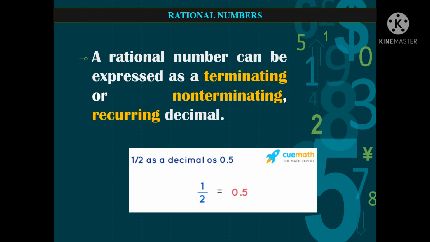And 0.5 is considered a terminating decimal because it has an end digit to the right of the decimal, and the end digit here is 5. There is no other number here that goes on infinitely, it just ends with 5. So this is an example of a terminating decimal.